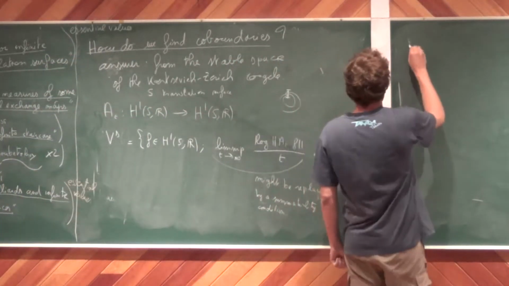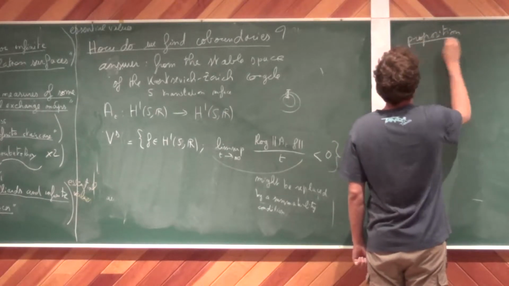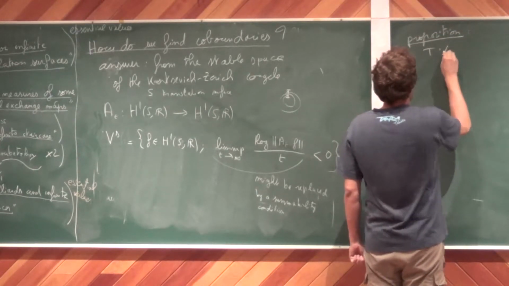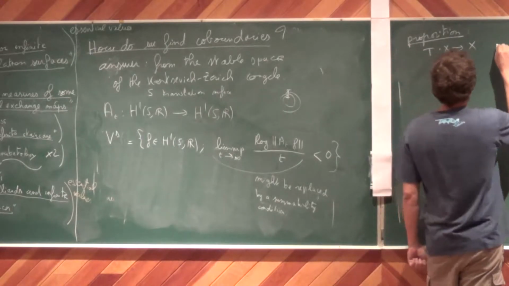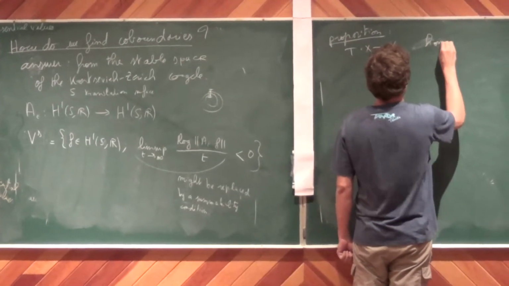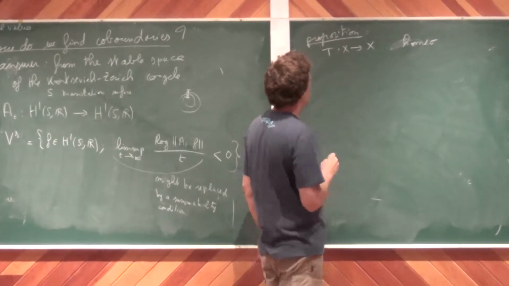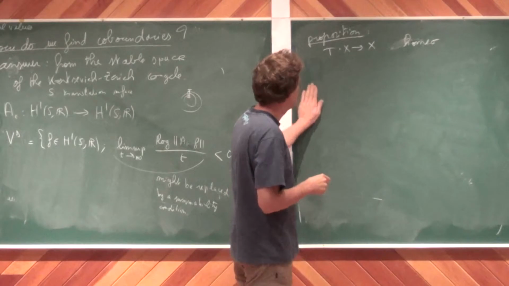So there is a proposition first. Pick, as before, very abstract, X and T a homeomorphism, let's say that it preserves mu, but this is topological dynamics.